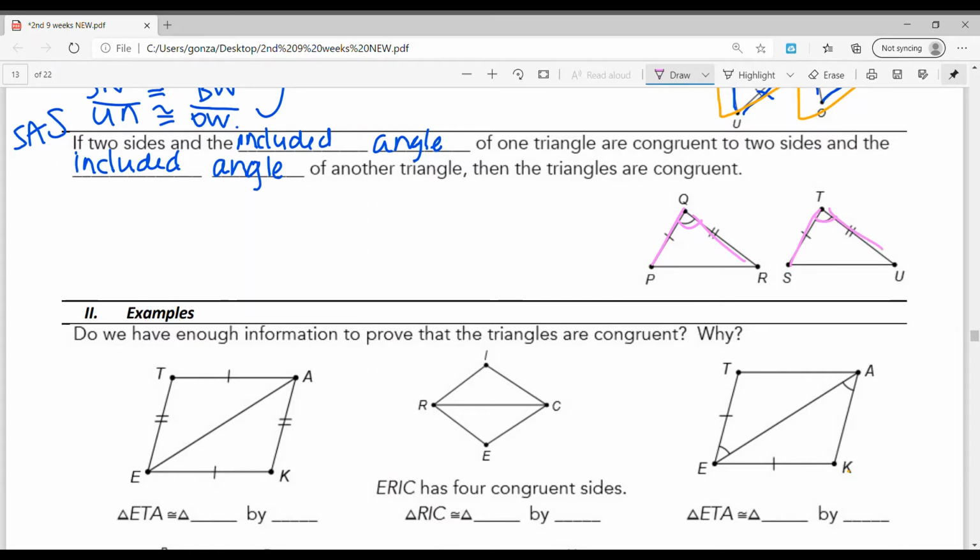Those two sides correspond with each other and they're joined by one angle. So now you have the side angle side postulate. The theorem says that we're going to need two sides joined by an angle.